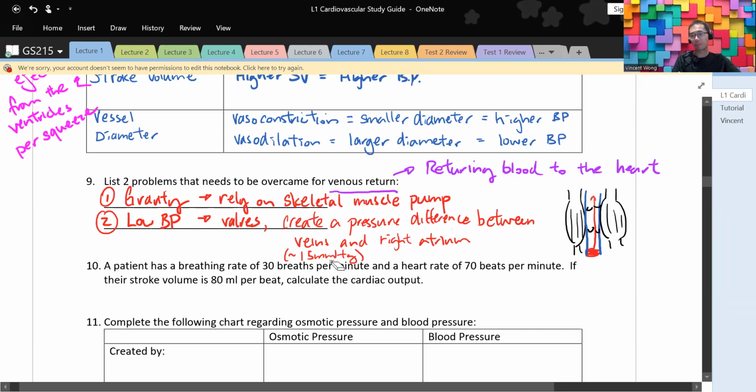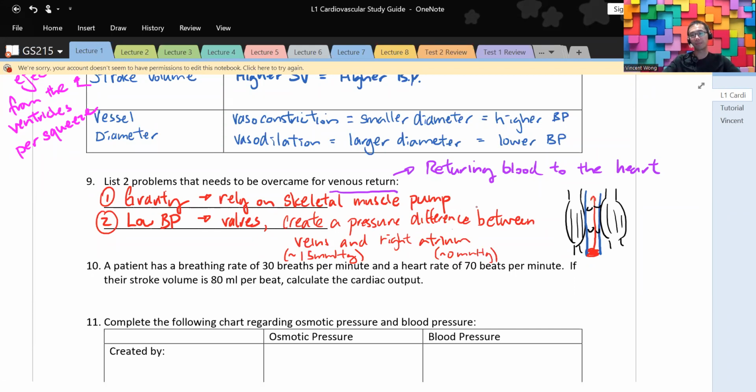That's a unit for measuring pressure in blood. And in the right atrium, when the right atrium relaxes, it's close to 0. Okay, so even though there is low blood pressure in the vein, as long as there is another point in the body that's lower, it will tend to move towards that direction. All right, so those are the two factors that we need to consider when we're returning blood to the heart.